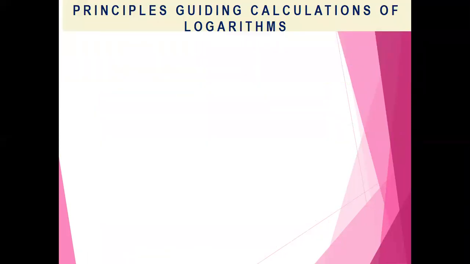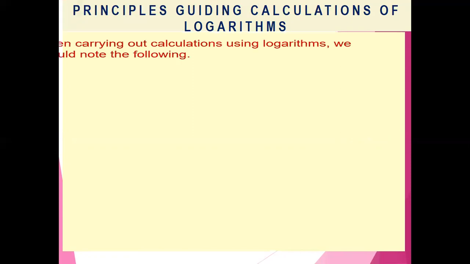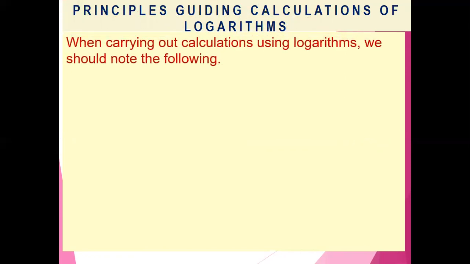Okay, so I want us to now talk about calculations in logarithms. But before that, let me give you some governing principles. When you want to use logarithm tables to make calculations and then get your final answer, you need to take note of these key rules. When you have a multiplication and you find the log of those numbers, you should add the logarithms of those numbers.